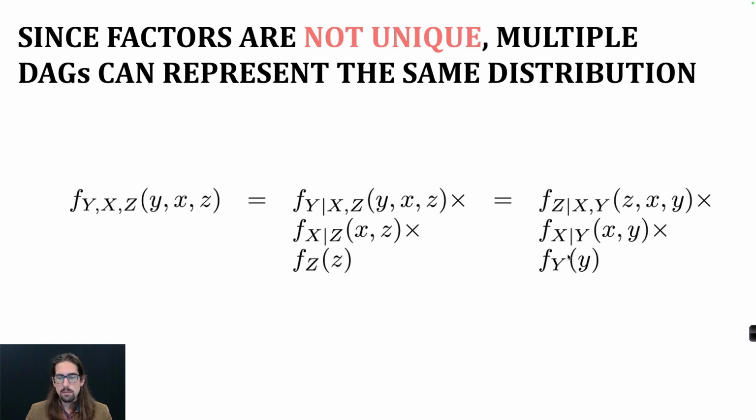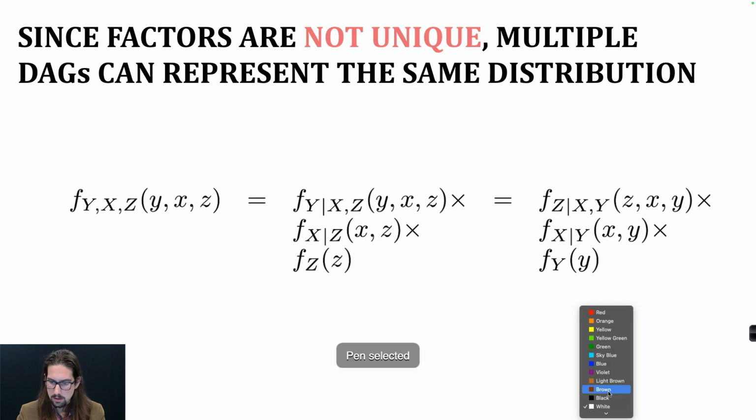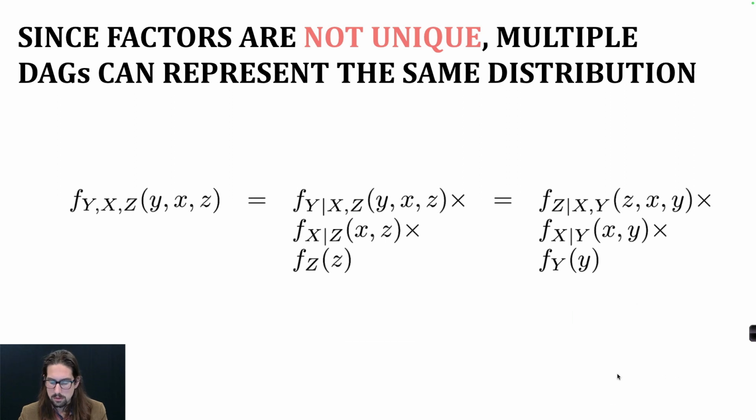Or I could start by having the marginal of y and then the conditional density of x given y, and so on and so forth. And if you've forgotten why this makes sense, I think it's easiest to see by just looking at the definitions of conditional probability.